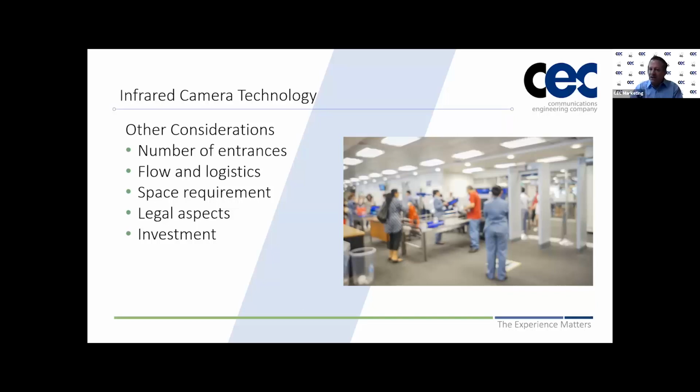So do you have the area set up to where people can go through and still practice that social distancing? And then consider those aspects of personal health information and the duty of care that's expected of you when you take someone's temperature and what happens to that information. And then, of course, you'd have to weigh the overall investment of deploying something like this versus the cost of having to shut down your facility, or the cost of turning away potential customers, and what effect that would have on your organization.